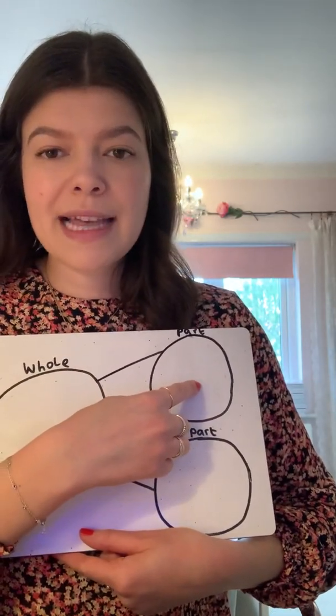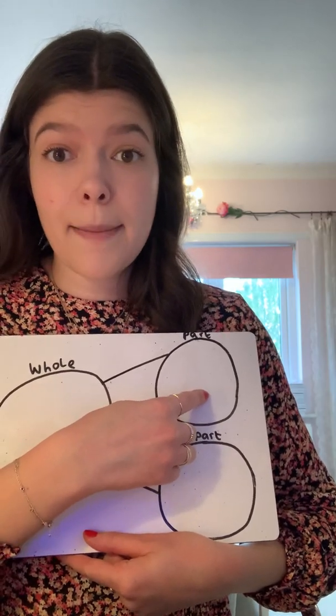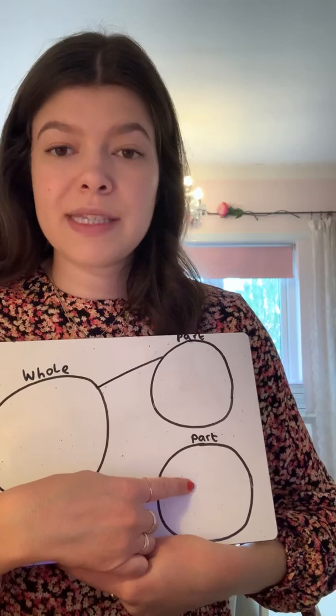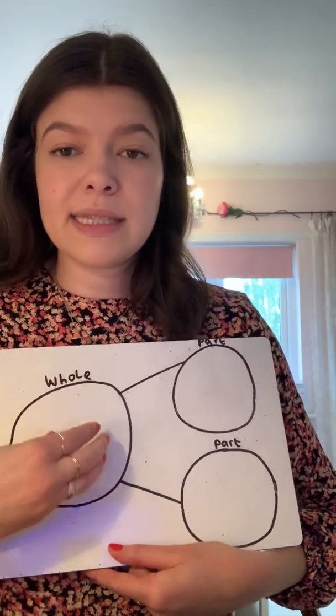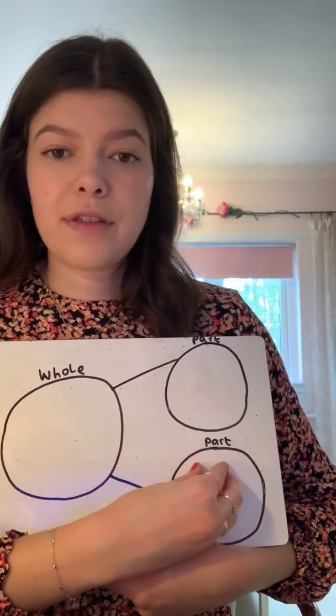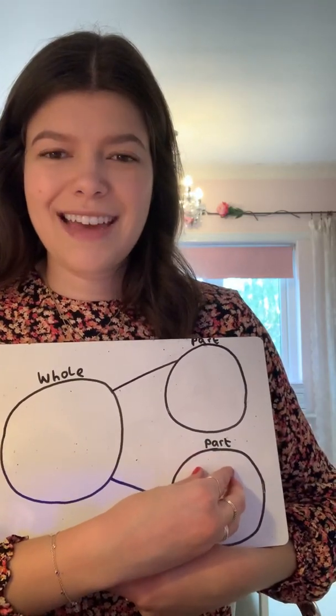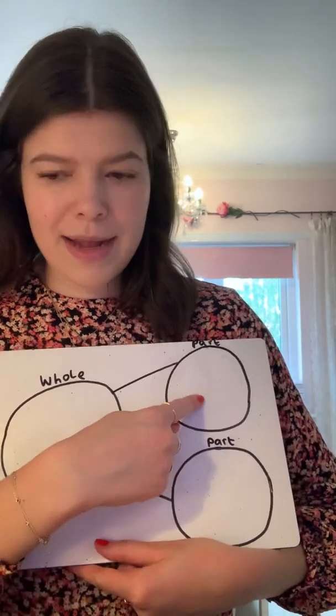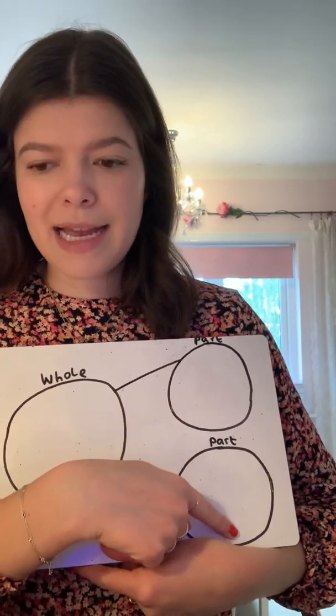And then the numbers or the amount of objects that are left, they go in this part. Okay, so it helps us see how we subtract. So we start with a number, we take some away, the number left goes in here, and that will help us to work out our subtraction. So how many we're going to take away, how many are left, okay.